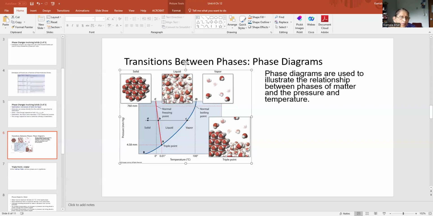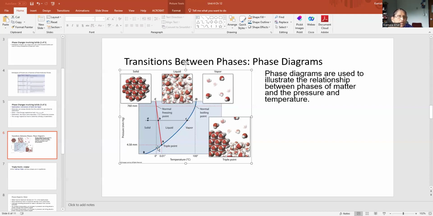And so water has the highest density at 4 degrees Celsius. Any part of water which lies on A and B is neither a solid nor a vapor. It is just in equilibrium between the two phases.